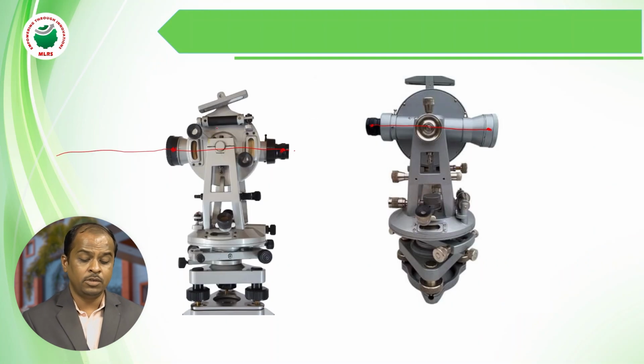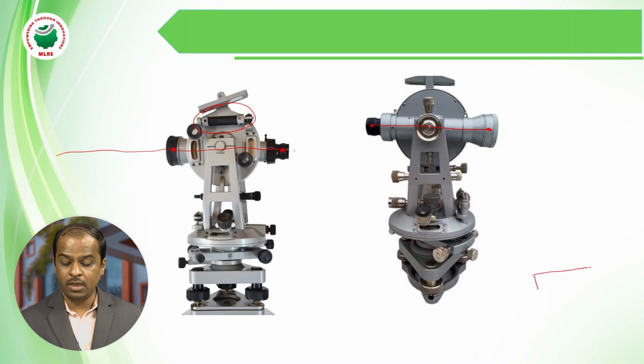So here is the bubble tube for leveling purpose. Normally the bubble tube has a curve with a 1 second difference. If we draw the tangent line on this curved level tube, that tangential line we call the axis of telescope.